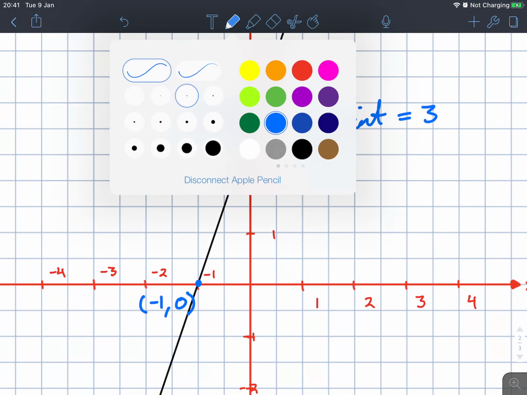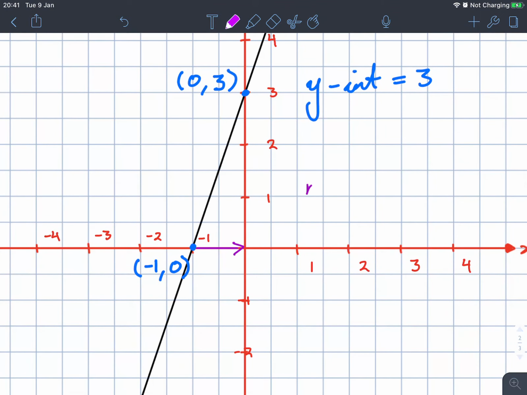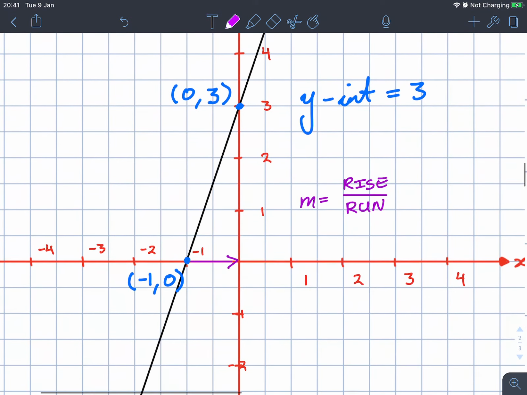From here we can calculate our gradient. So how much does it go across? That's the run, because remember we've done this before. Our gradient m is rise over run. This run distance here is 1, and then from here all the way up, how much has this risen? This is 0 up to 3.